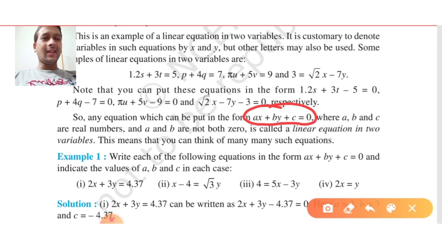So anything of this form, that means ax plus by plus c equal to 0, is termed a linear equation in two variables. Some examples are given here.